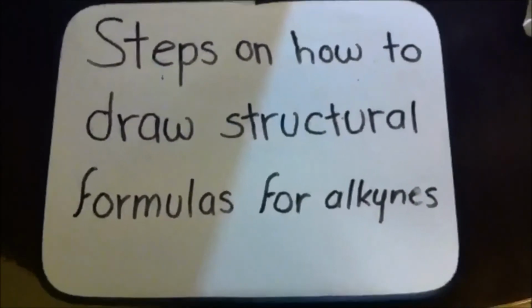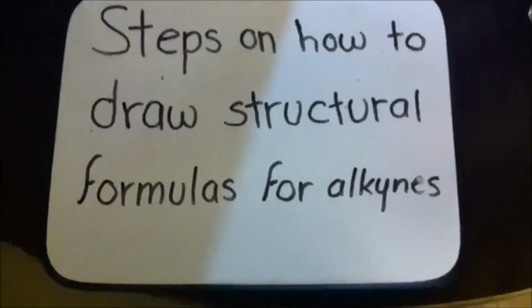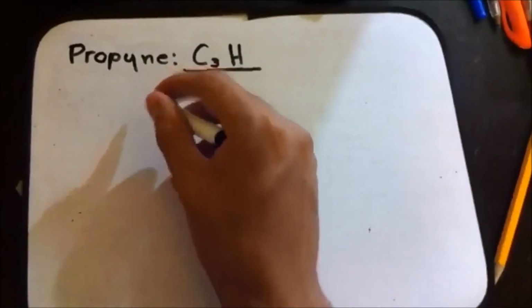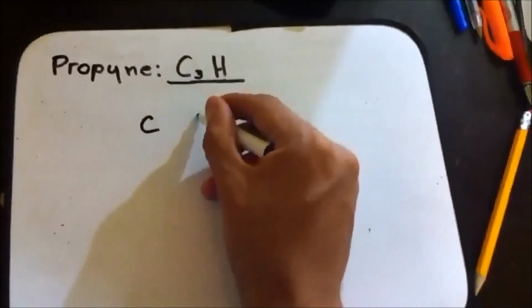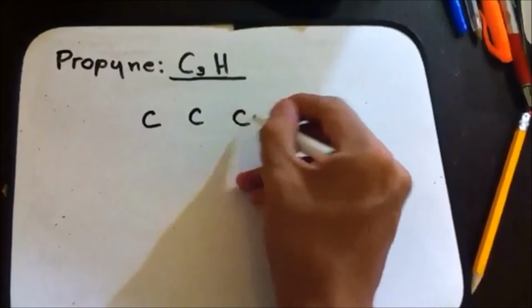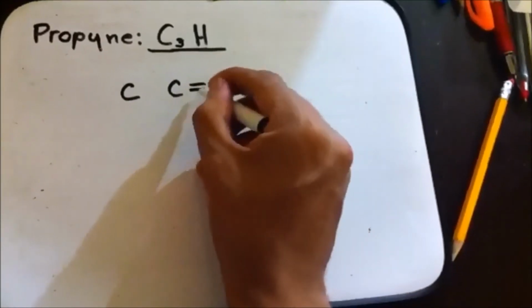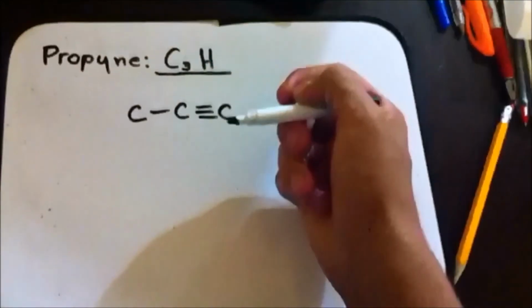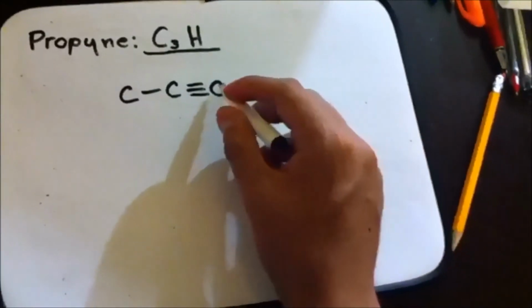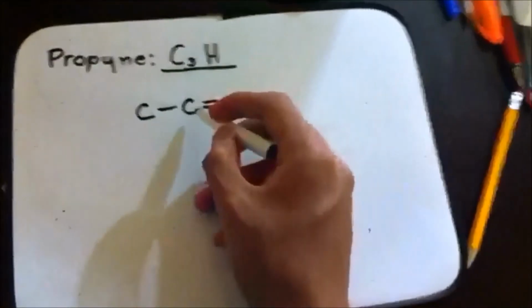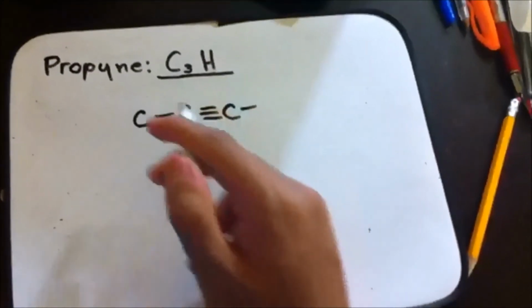Well, this is a tutorial of the steps on how to draw structural formulas for alkynes. In this example we have propyne. We are going to draw the 3 carbons and the triple bond is here and there is a single bond there, and because this side has 3, this is going to have 1, and this carbon has 1, 2, 3, 4.